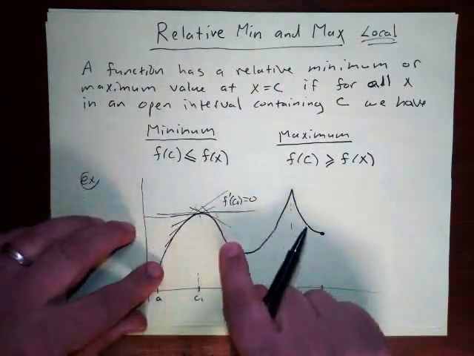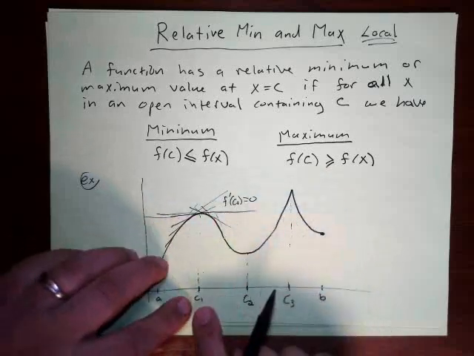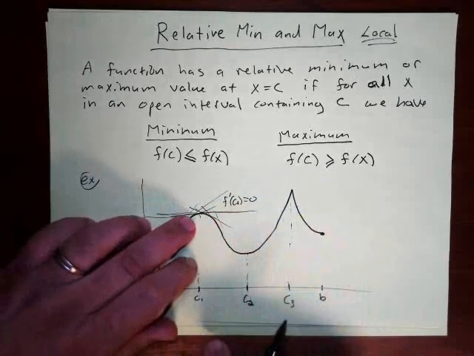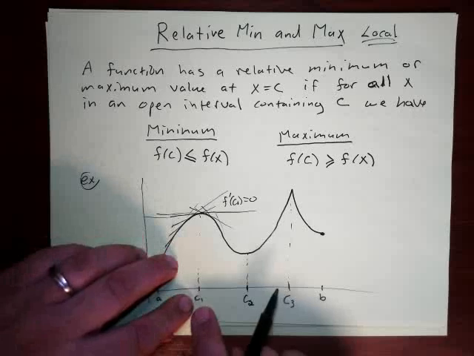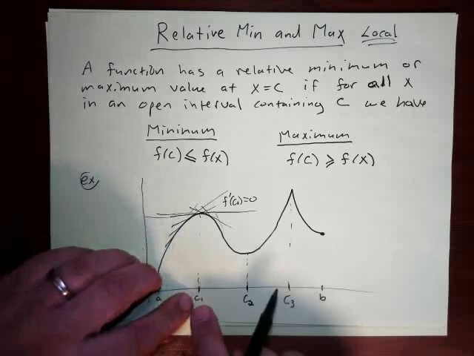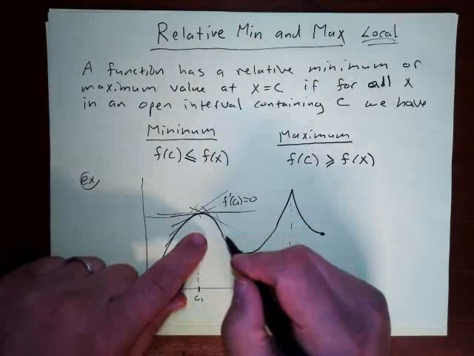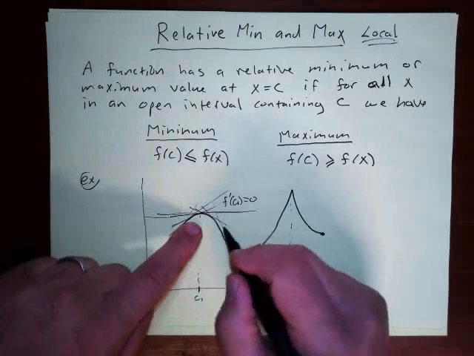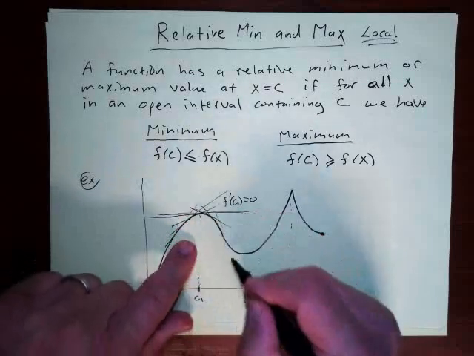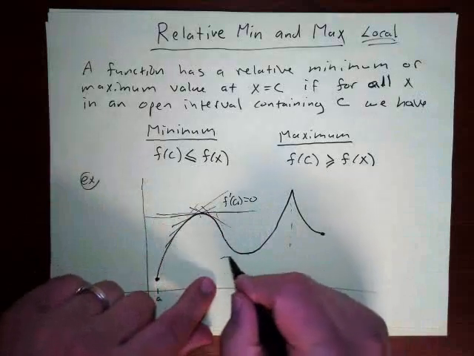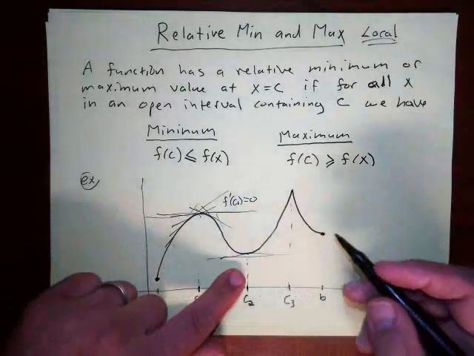And so if it makes a turn like that, if you have a relative extrema here, that's going to be a point where the derivative is 0. Same here.